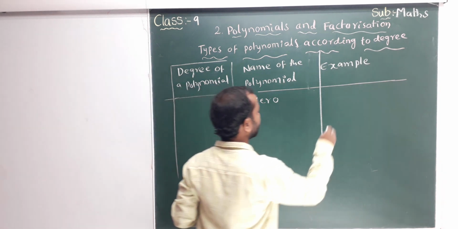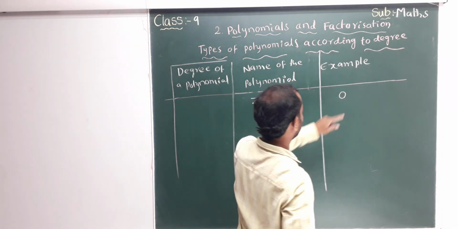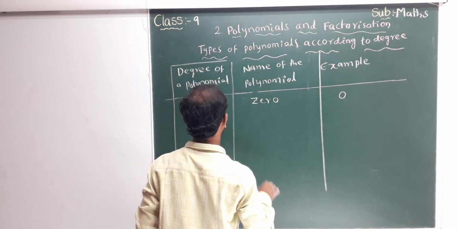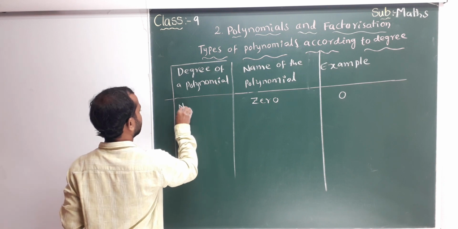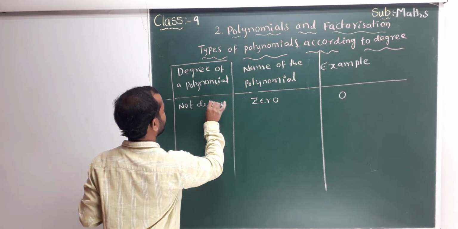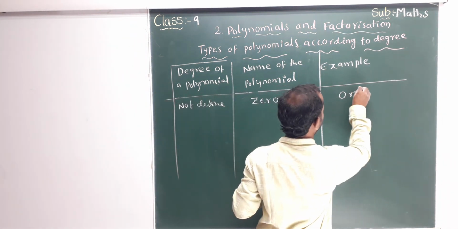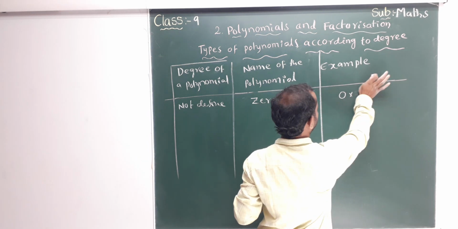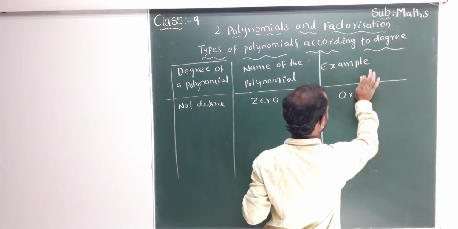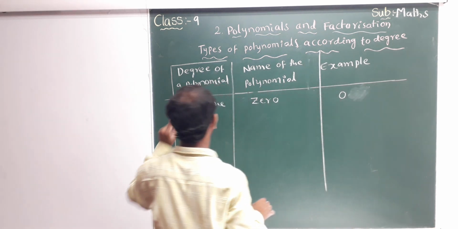Here there are no nonzero terms. So the degree of the zero polynomial is not defined. Why? Because 0 into x to the power of 10 is also 0, and x to the power of 0 into 0 is also 0. So the degree of the zero polynomial is not defined.